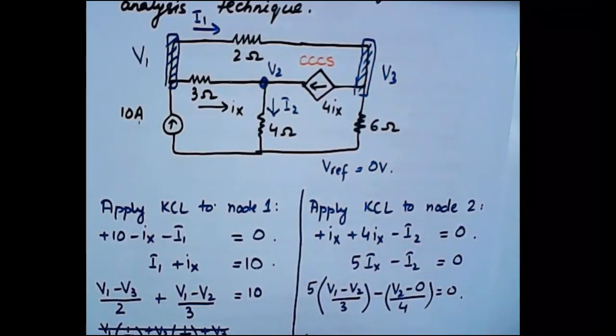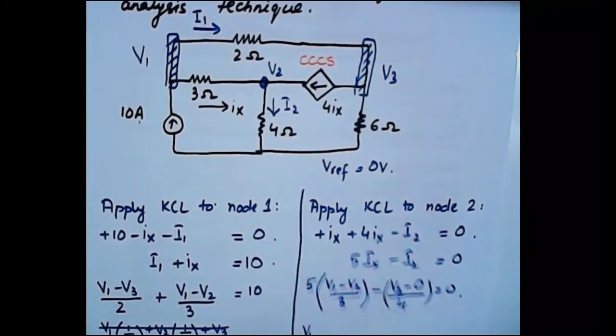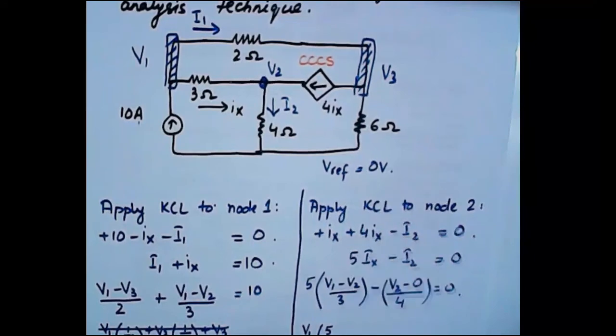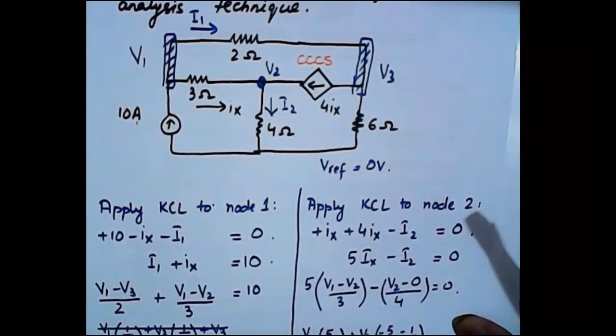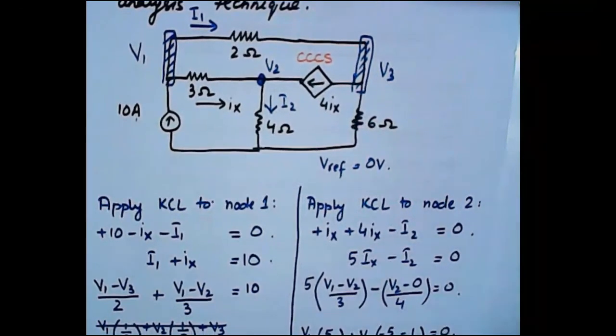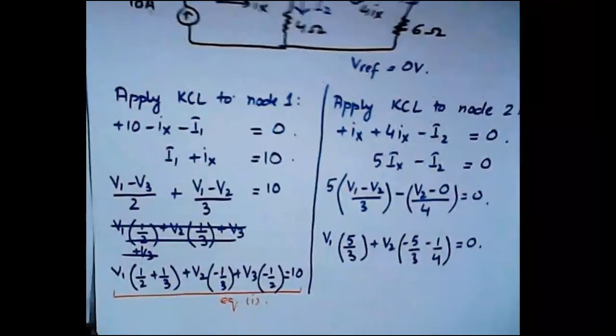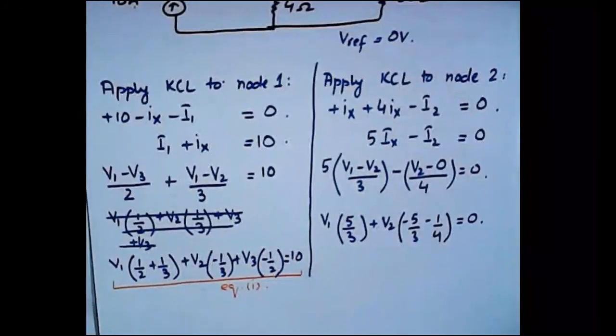So that makes V1 (5 upon 3) plus V2 (minus 5 upon 3 minus 1 upon 4) is equal to 0, right? So this is our equation number 2.